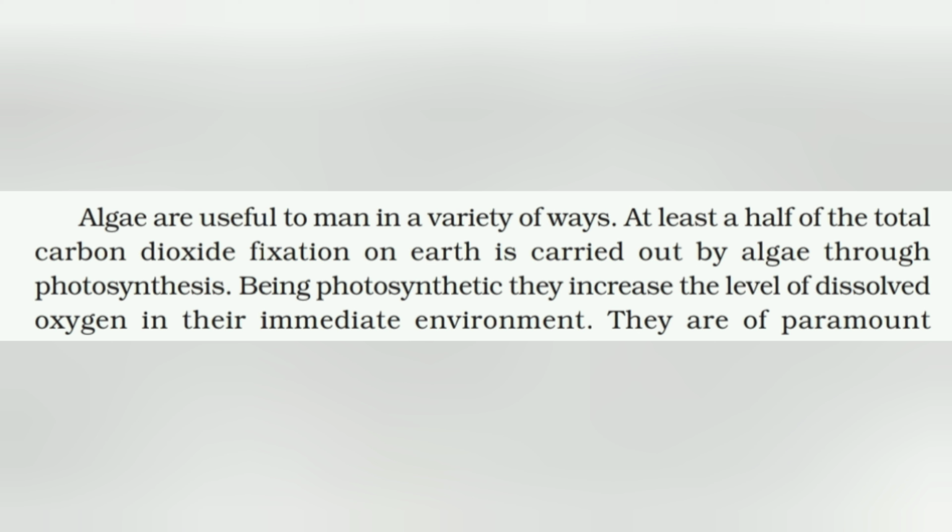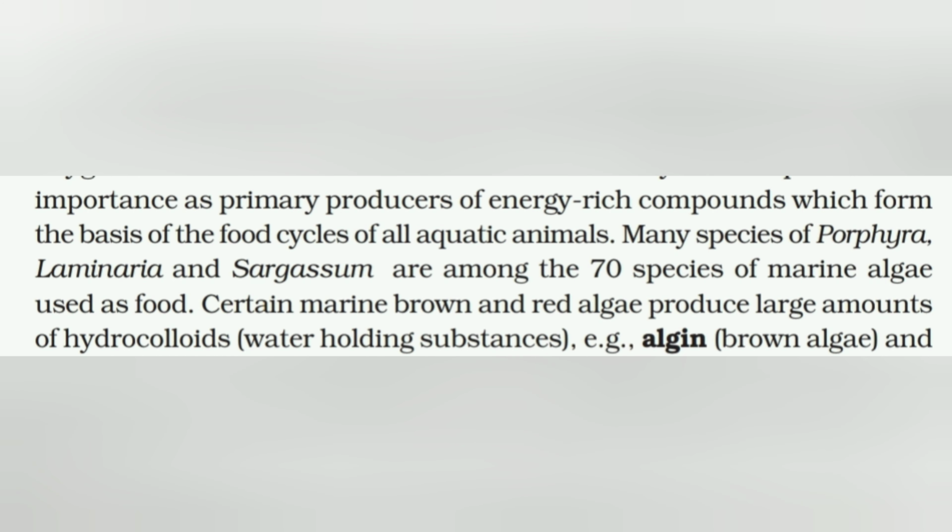Hence, in aquatic habitats, algae are an important source for providing oxygen to the water for other aquatic animals to breathe. Another importance is that they are primary producers of energy rich compounds, which form the basic food cycle of all aquatic animals. That is, algae itself provides food to all the aquatic animals present in its environment.